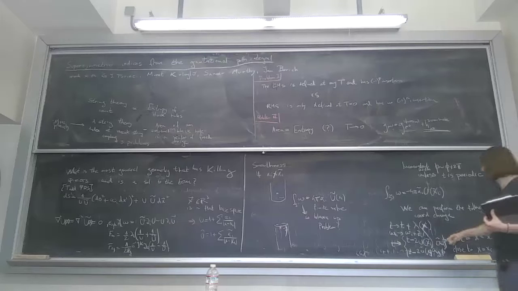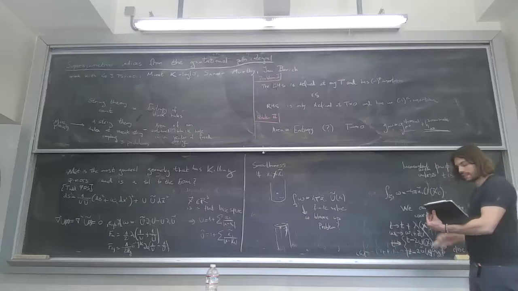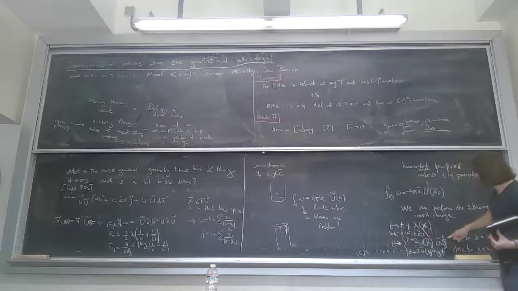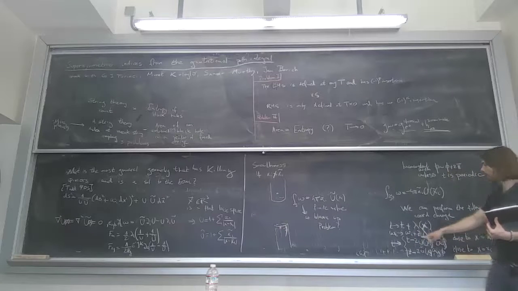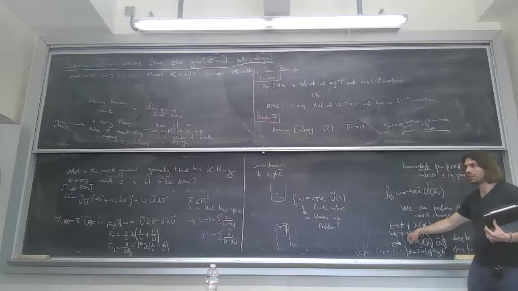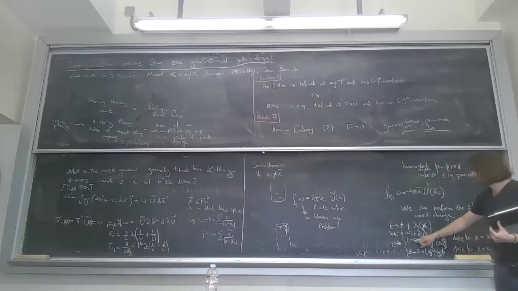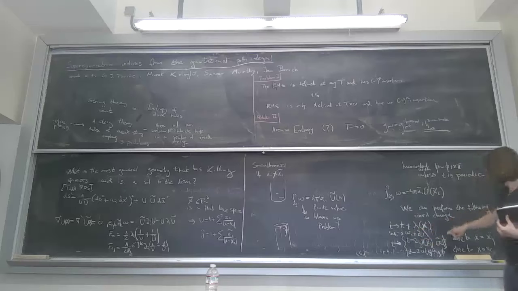So if T is periodic, I can make this identification such that when I do a rotation by 2 pi in phi, it results in a rotation in tau by a factor of beta. So this sets what this coefficient is.